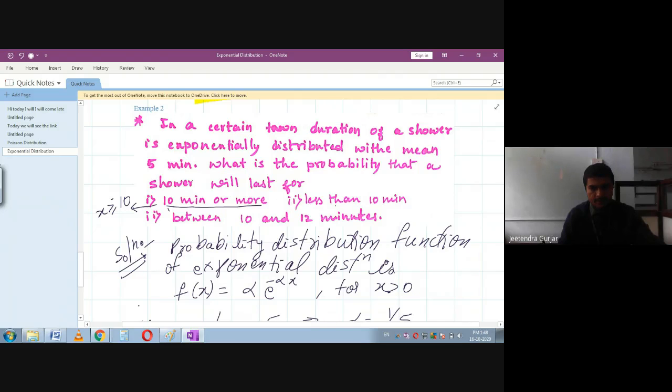Suppose if they tell you less than 10 minutes, it means x is less than 10. And if it is between 10 and 12, it means 10 is less than x less than 12. This is how you have to remember the conditions now.